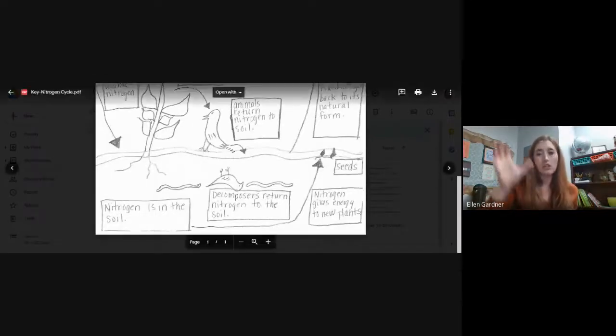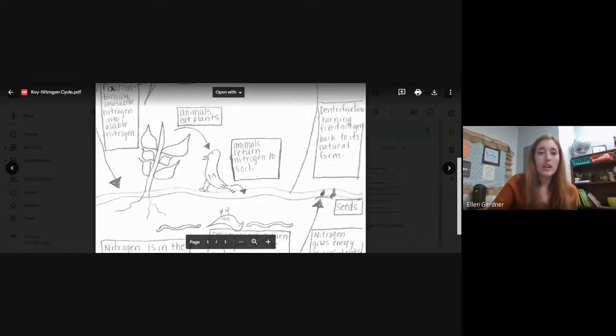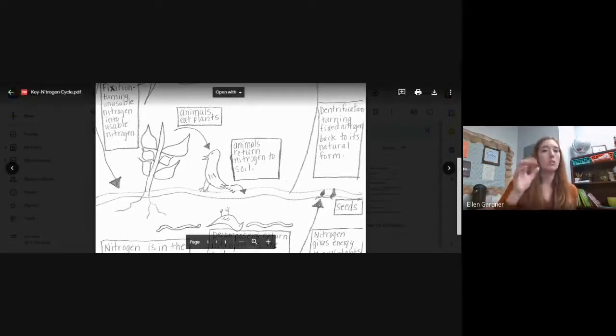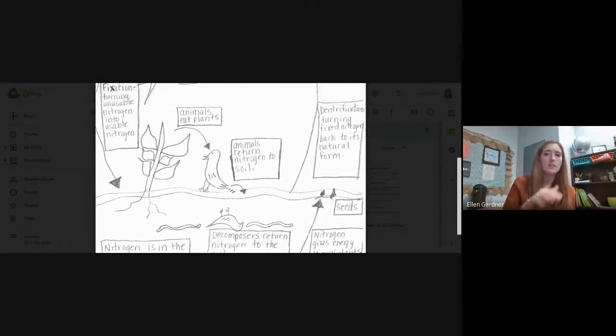Now, once it enters from the atmosphere into our soil, then it is used by the plants first. From the soil, the nitrogen enters the plants through its roots. Now, animals will eat those plants, as we've seen with food chains and food pyramids.